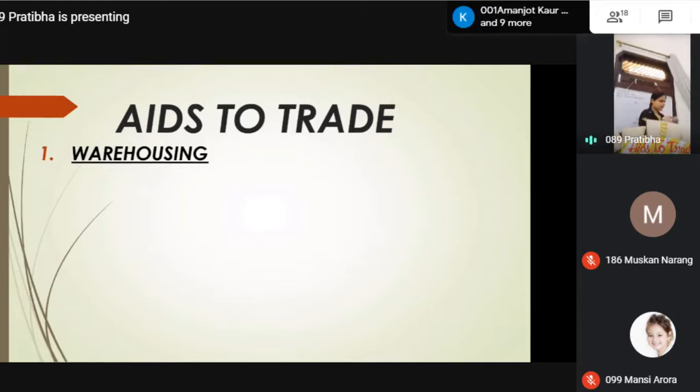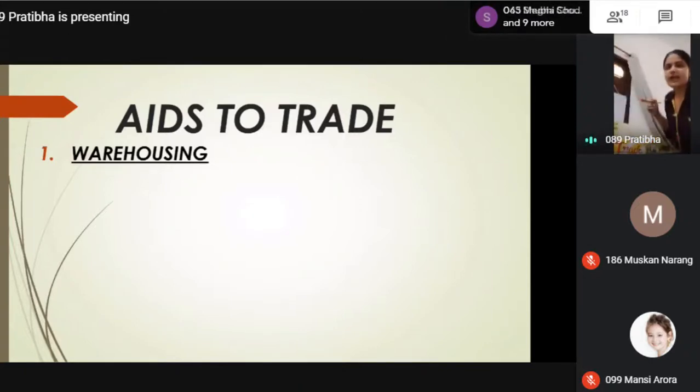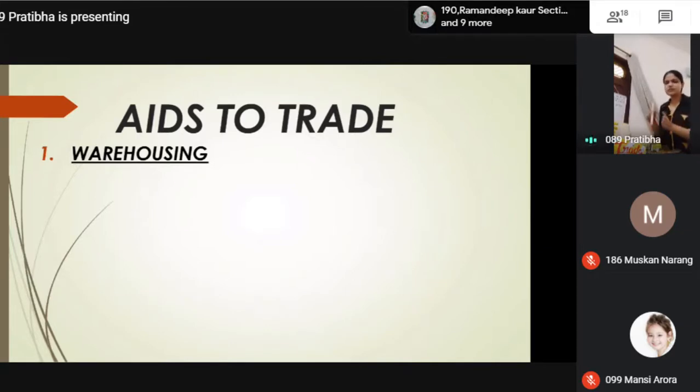Because some goods are produced seasonally but consumed throughout the year. At that time, we need to store those goods in some place. So we store the goods in the warehouse. Whenever the need arises, we move these goods to the retail shops. With the help of this facility, it helps in removing the hindrance of time.